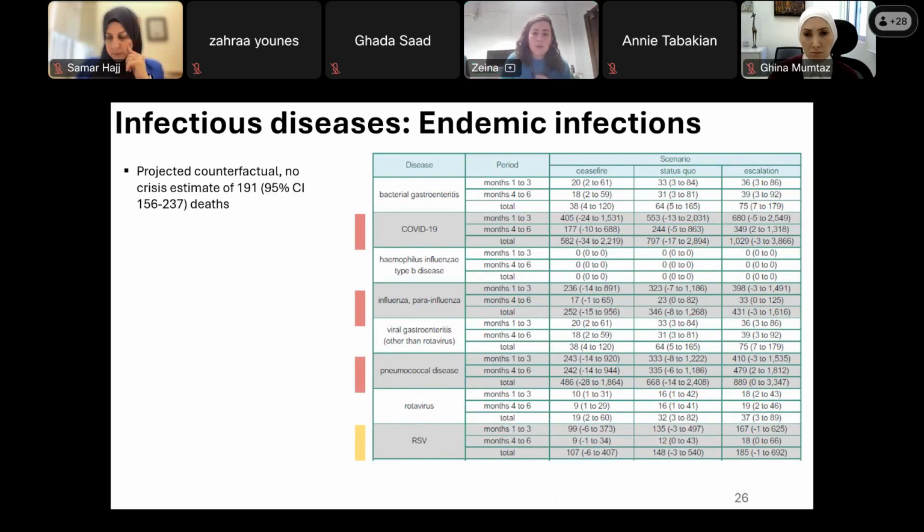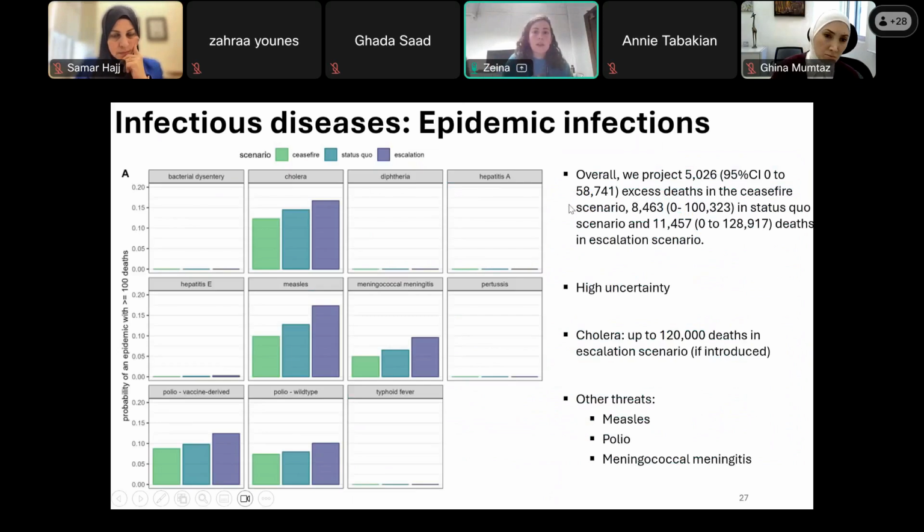We also did projections for epidemics, and the big issue about epidemics is that you have high uncertainty. So do you have cholera in Gaza? If a cholera outbreak happens in Gaza, the upper limit can actually reach 120,000 killed. Whereas if we do not have a cholera outbreak, it can be zero from cholera.